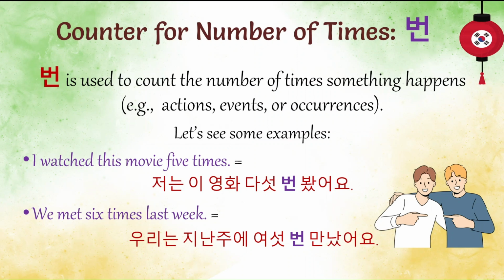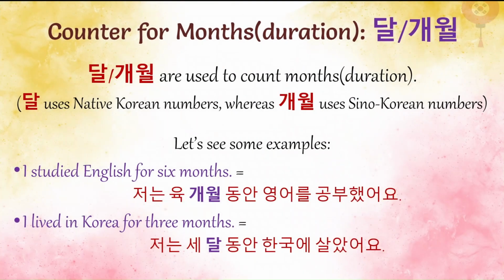All right? Okay, now comes the 5th counter word, and that is the counter for months. Here, particularly the duration of months. For that, there are 2 ways, or there are 2 counters, I should say. One is 달, and the second one is 개월.